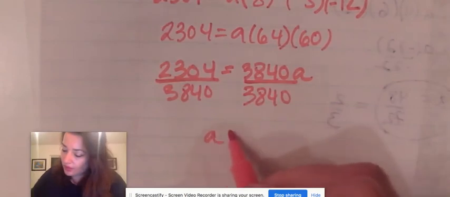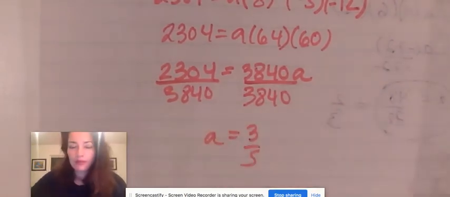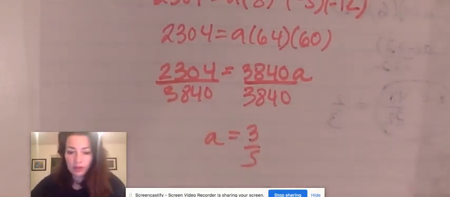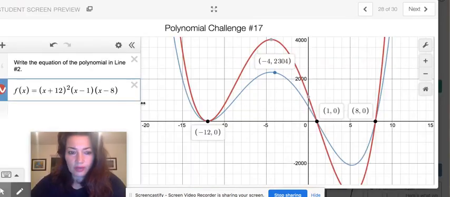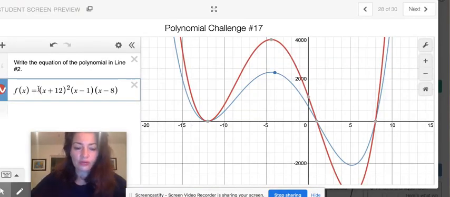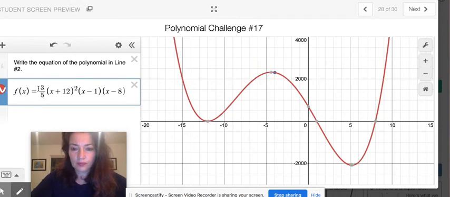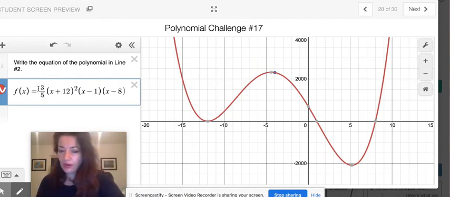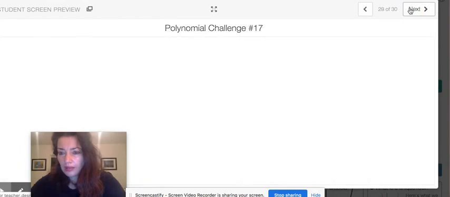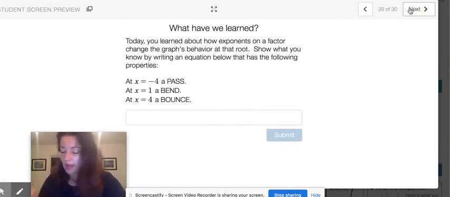Okay, so a is equal to 3/5. Let's go back to the graph and enter 3/5 right here in the front. And we have matched our a value. Wonderful. All right, slide 29. The last one, pretty much.